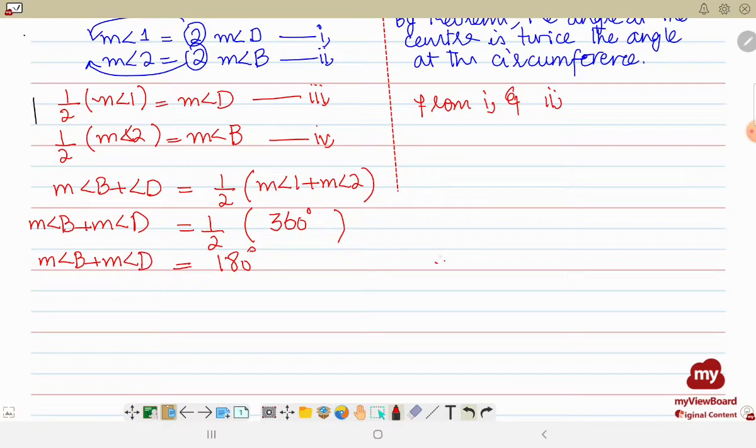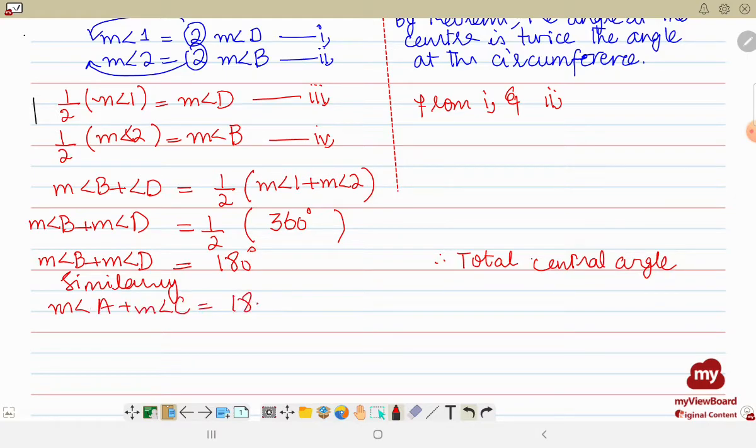And we can write the reason as the total central angle. This is the reason, right? So this was what we needed to prove, and similarly we can prove the other side as well, that is measure angle A plus measure angle C is also equal to 180 degrees.